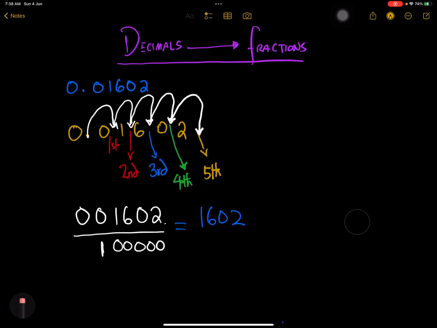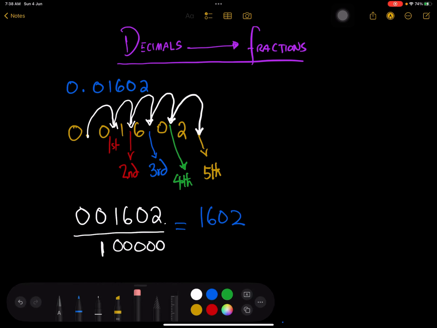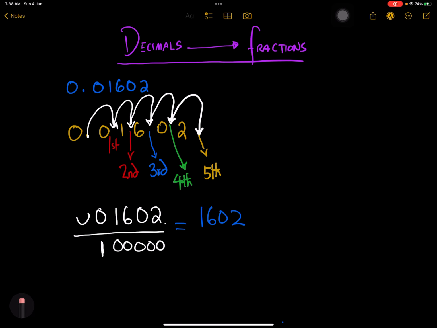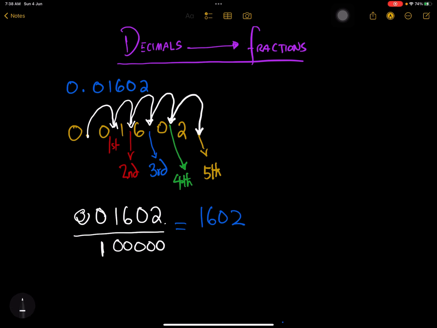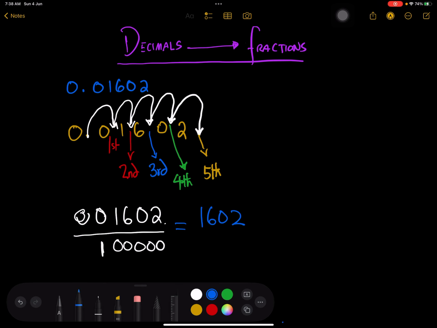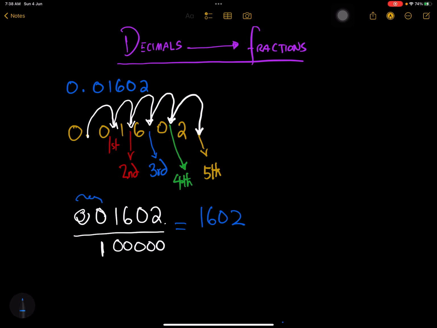That's why I eliminated these 2 zeros, so that we can have 1602 here. Now we divide that by the 5 zeros.